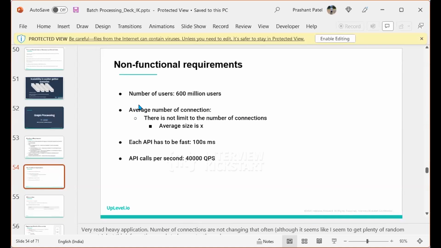So non-functional requirements: maybe the system should be available for 600 million users. Some of them would be active, some not, but the total number of users you can consider 100 million or 500 million. If you have no idea, you can even start with 10 million. It's perfectly fine. Average number of connections.